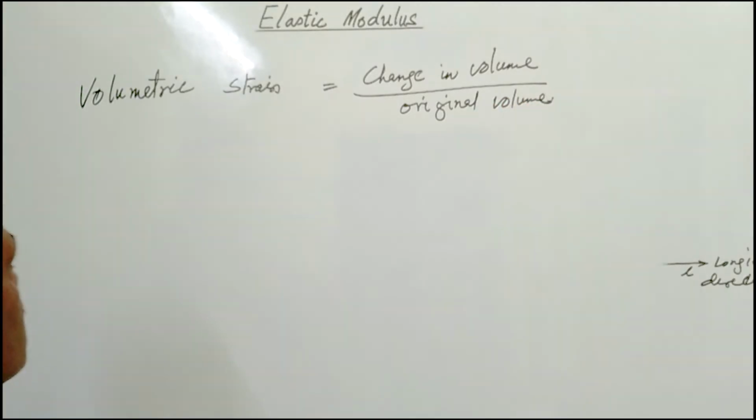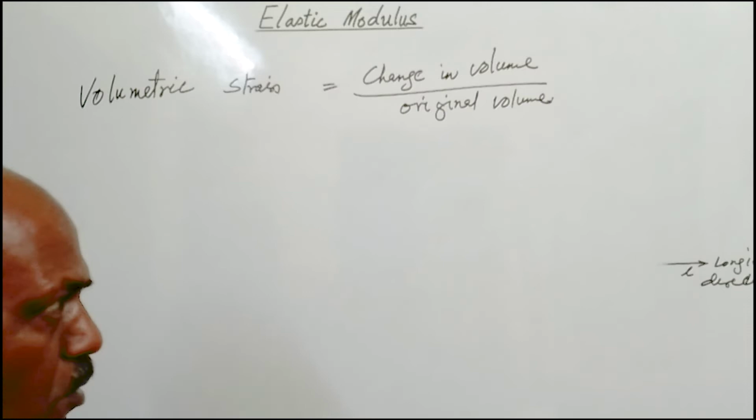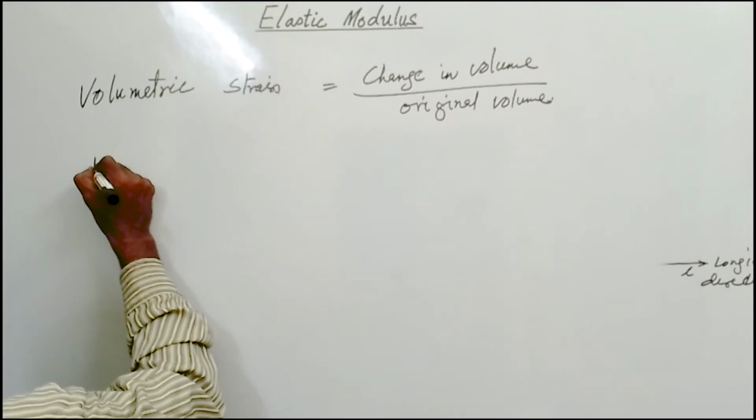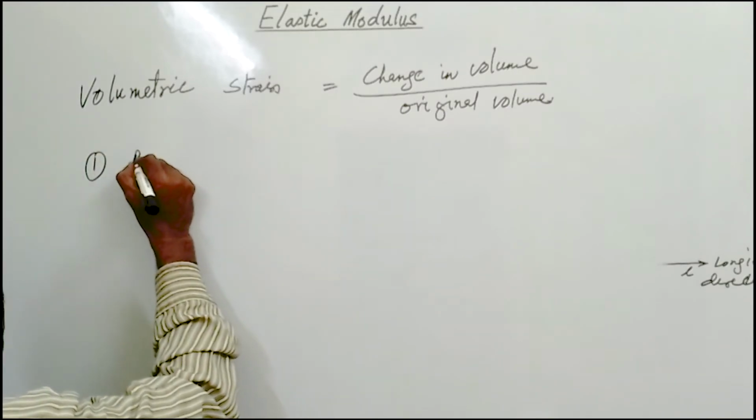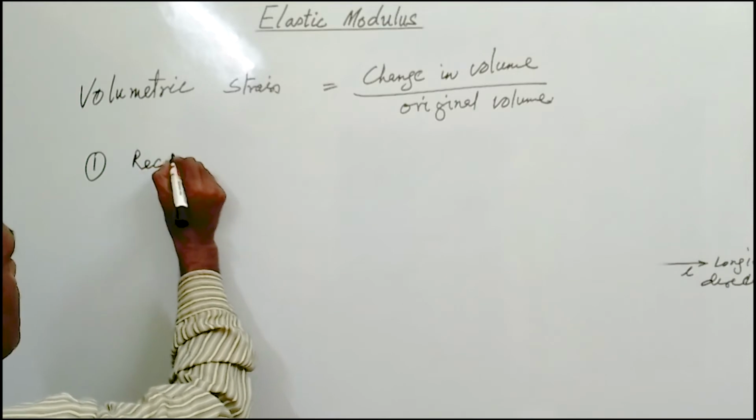Now, how to find this? We'll see now. First, case one, a rectangular parallelepiped.